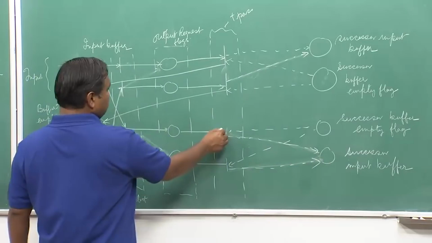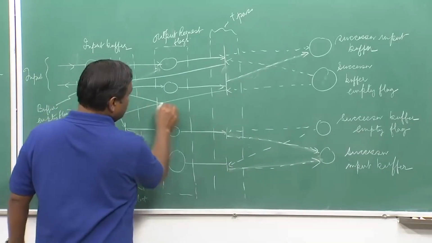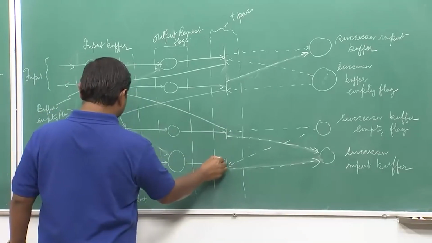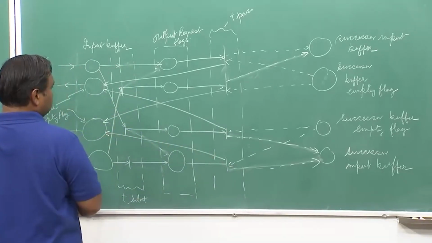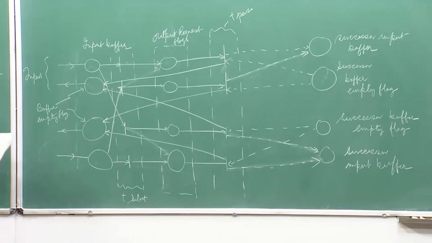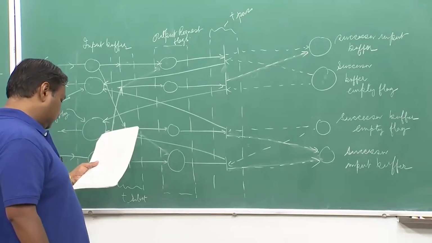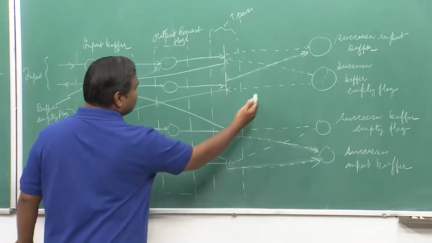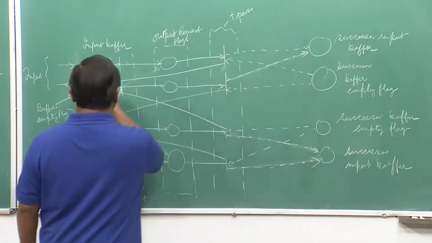And if this one is selected, then this input flag goes; if this one is selected, then this input flag goes. So, this is the Petri net model for the 2 by 2 crossbars which we are using for a buffered system. And remember that there is a back pressure mechanism being maintained by these buffer empty flags.